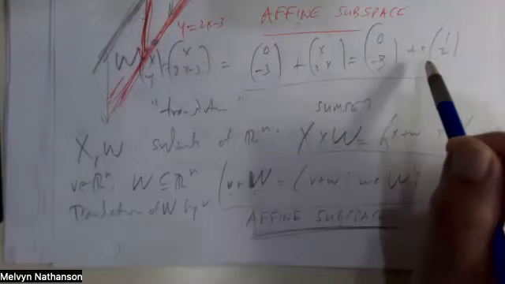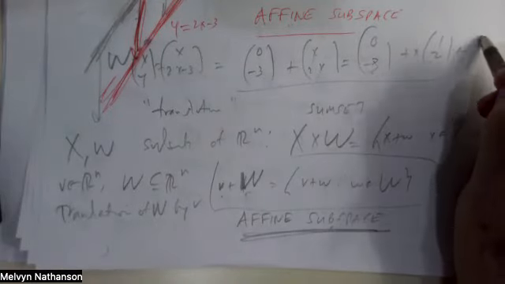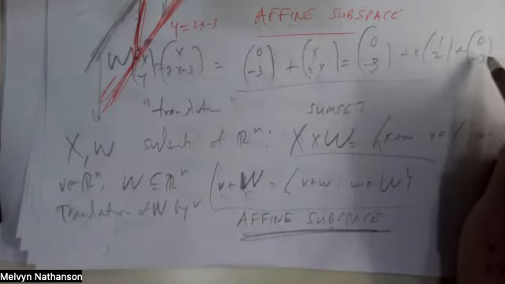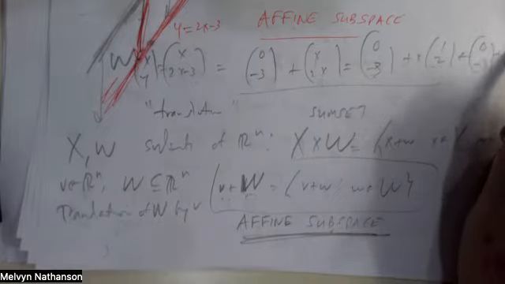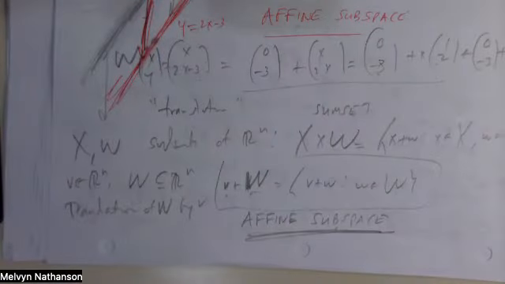This line is the vector (0, minus 3) plus W, where W is this subspace, this line, y equals 2x.